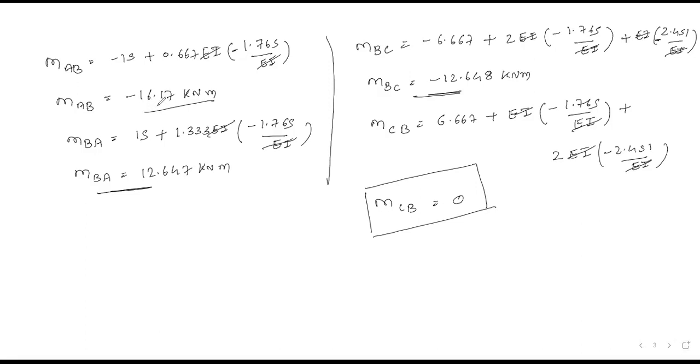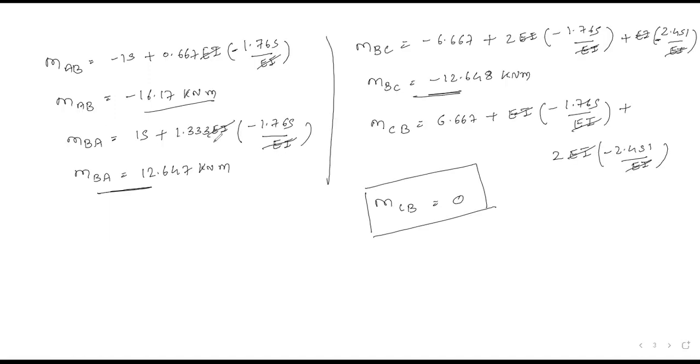ओके सर. MEB 16.17. Draw a random line. 16.17. Next, BA 12.647. Value should be a decrease in 1. Don't consider sign, just consider value. So for that you have to plot a linear line in an inclined form.